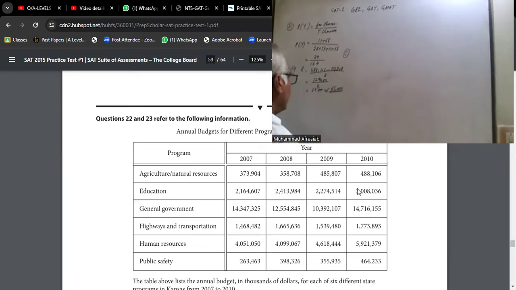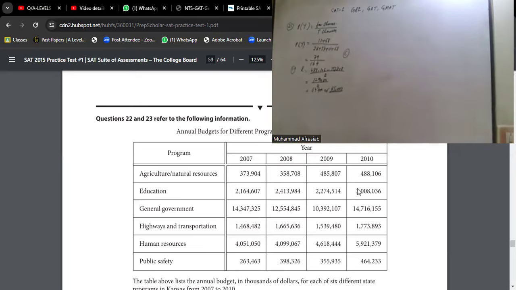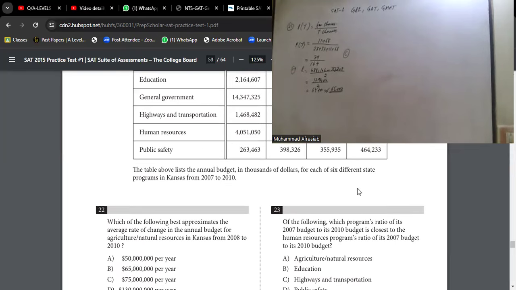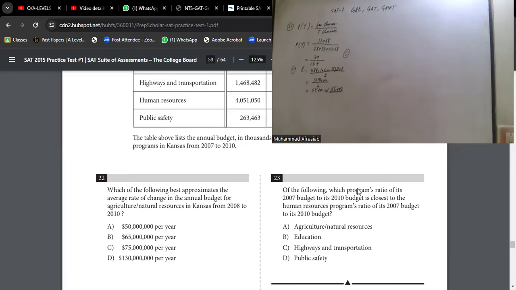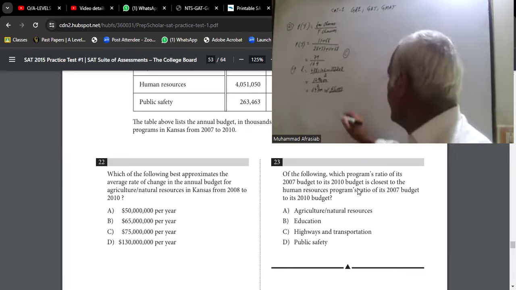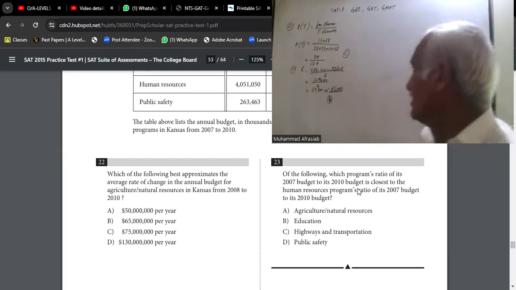So we will look at the answers now for this question. It is B. So B is the right choice for this question number 22.